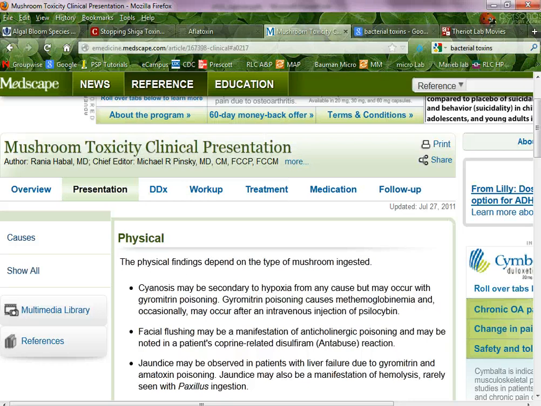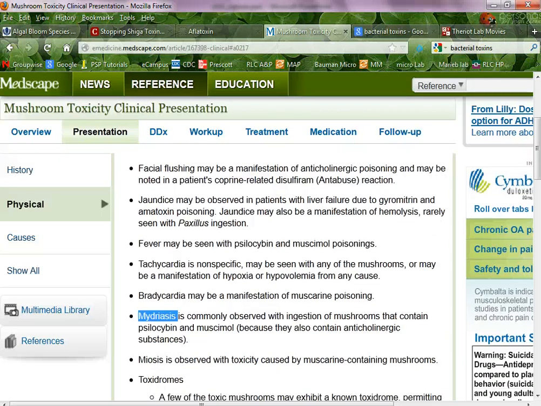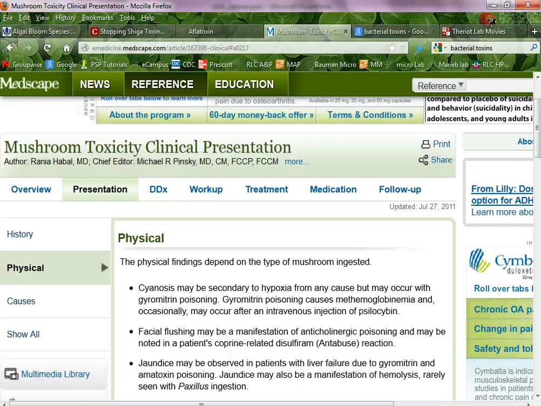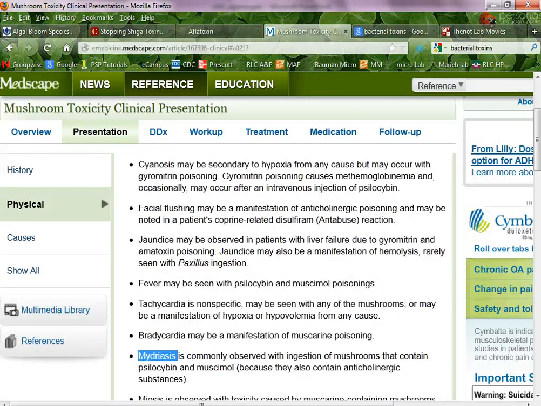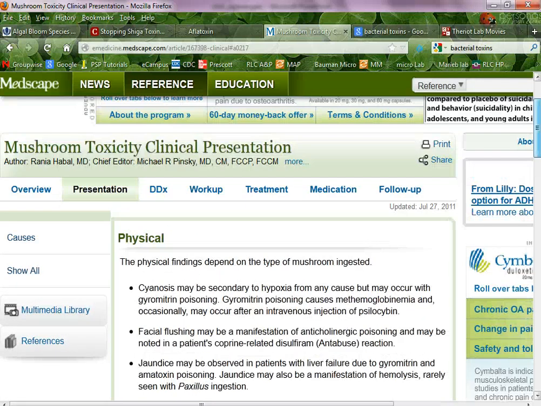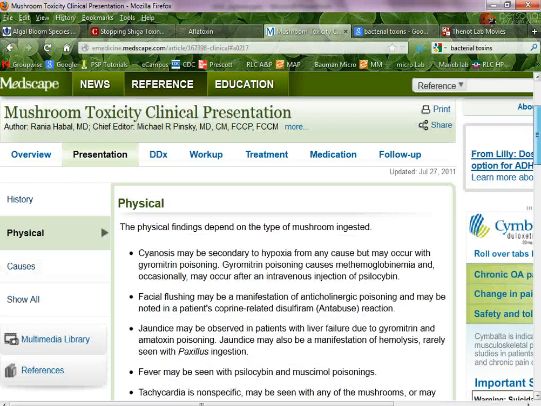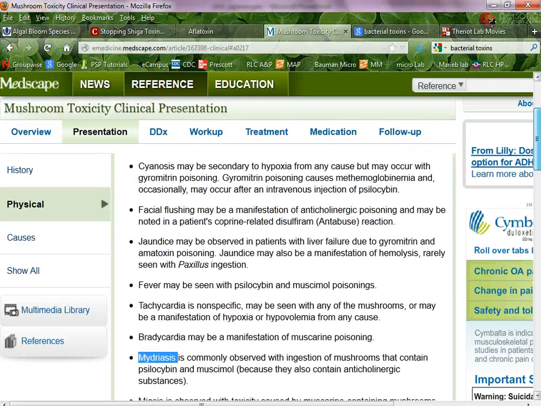They're obviously fungi. And I wanted you to note, this is a medical website, by the way, the variation of symptoms that you find with mushroom toxicity. Everything from lack of oxygen, which is cyanosis, to flushing, to liver damage, fever.